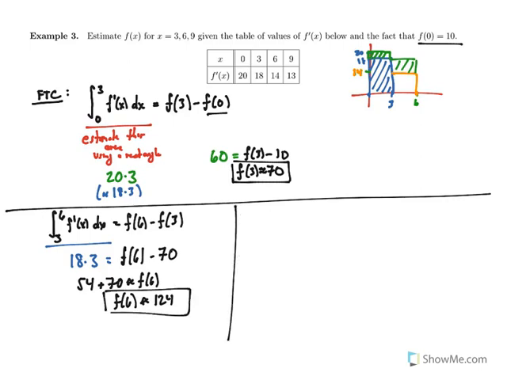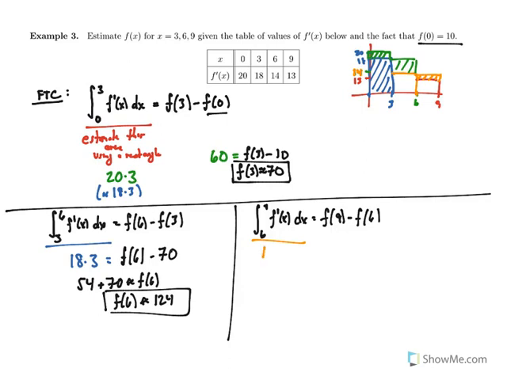And one last one. We'll do the same thing for 9. F of 9 minus f of 6. Once again, look at 9. The function value is 13. We could use a left or a right Riemann sum. Doesn't really matter. We'll use the left one since we did that before on all of them.